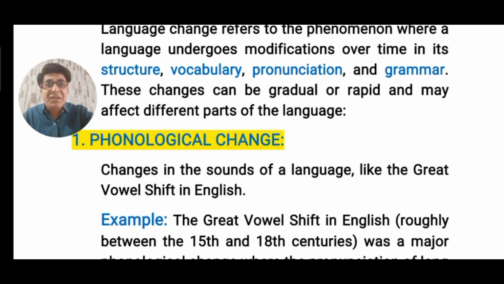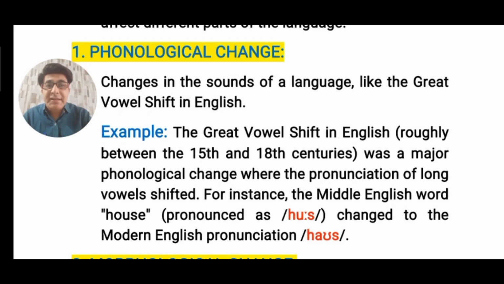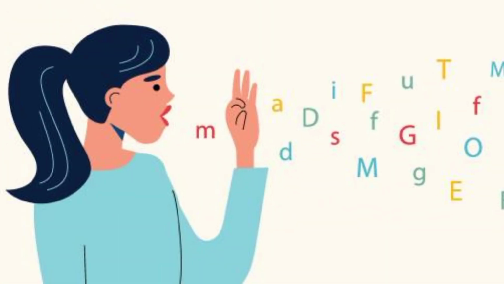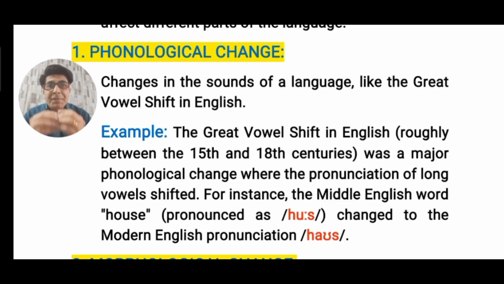The first language change that we should understand is phonological change. Phonological change means the change that we see in pronunciation. Okay, like the Great Vowel Shift in English, which was found during the 15th, 16th, and 17th centuries, was a major phonological change where the pronunciation of the long vowel was shifted.